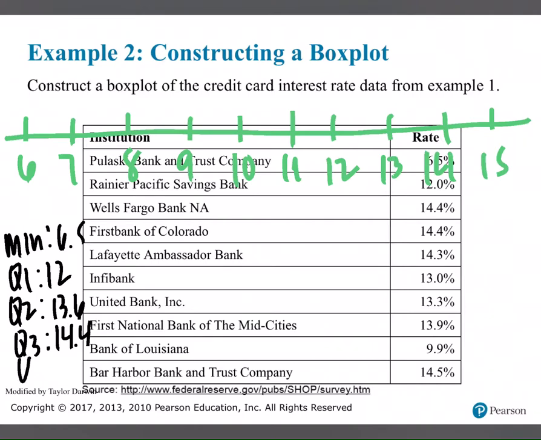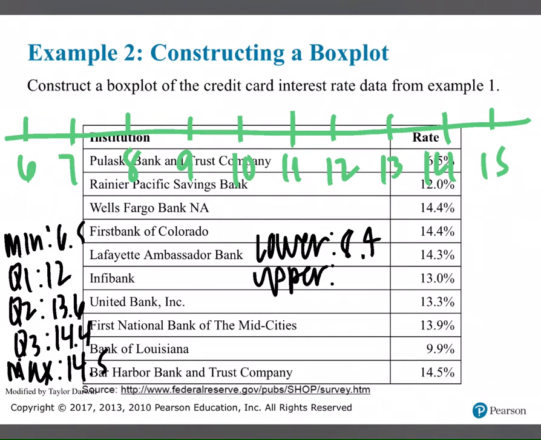And max was 14.5. Okay, and I'm going to go ahead and tell you I already did the outliers, but I would check and make sure you know how to do it. Well, actually, let's just talk. I did the fences. So my lower fence was 8.4, and my upper was 18.